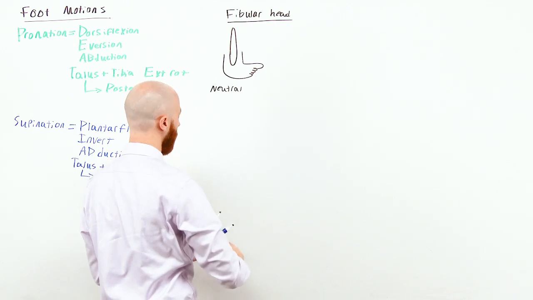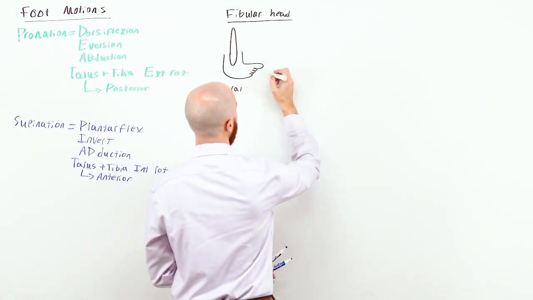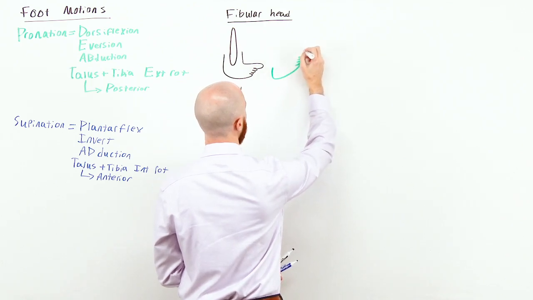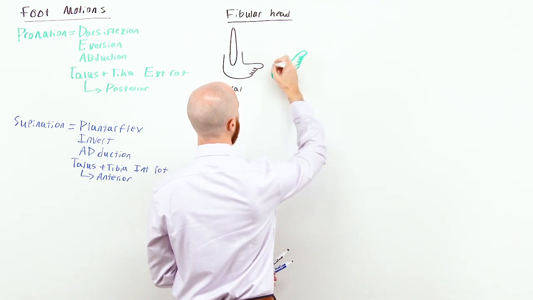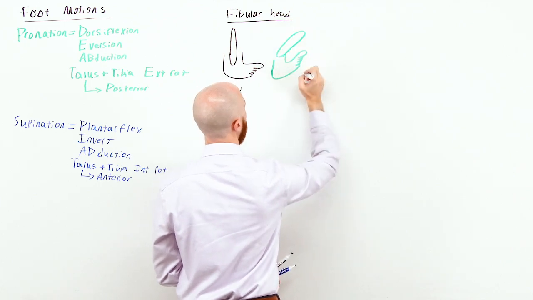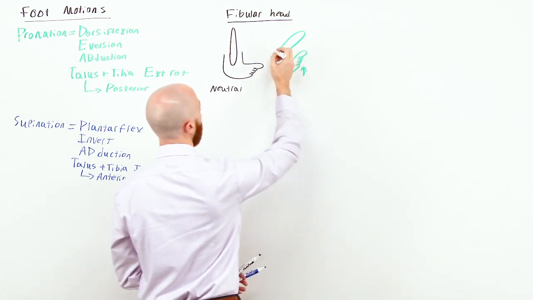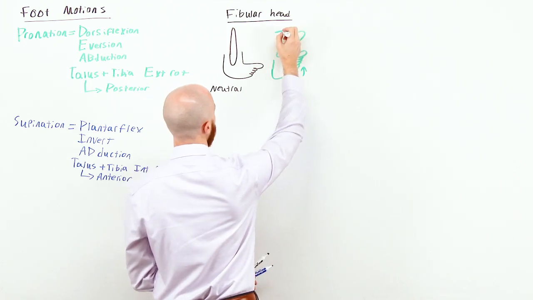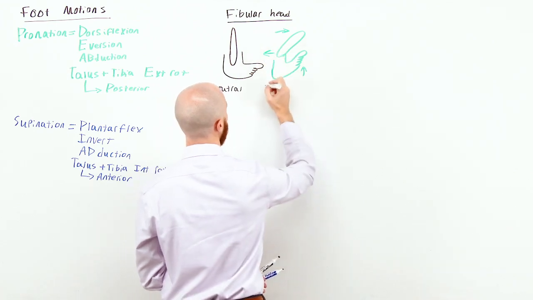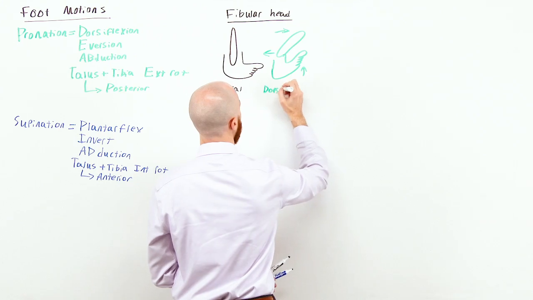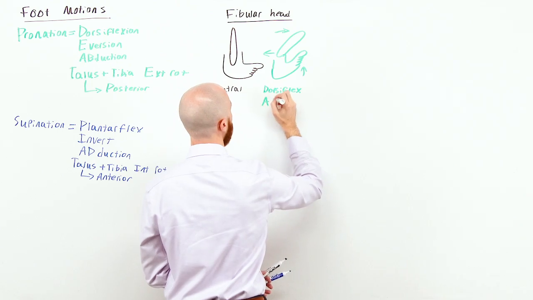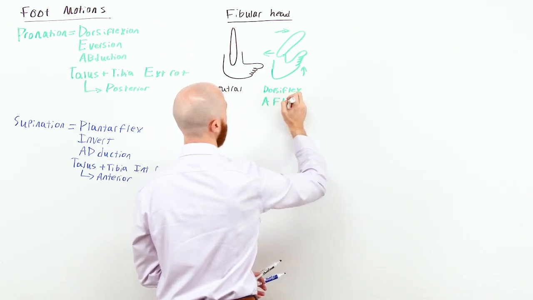When you dorsiflex your foot, your fibular head is going to move. So when I dorsiflex, the fibular head will move anterior, and the distal portion of the fibula will move posterior. So when you dorsiflex, you're going to have an anterior fibular head.